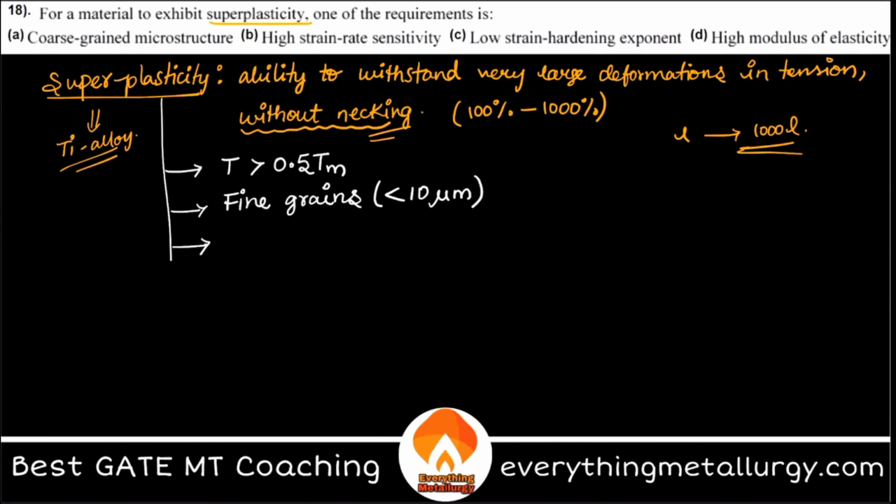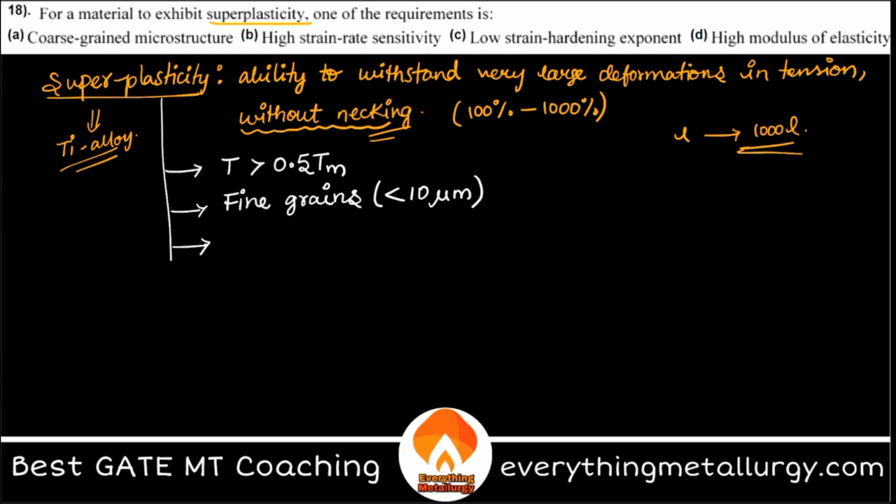And also we need to maintain these fine grains, and as we are increasing the temperature, what happens? We are actually going into the better conditions for grain growth to take place. At higher temperature, there will be grain boundary sliding and grain growth will be favorable. We don't want that.